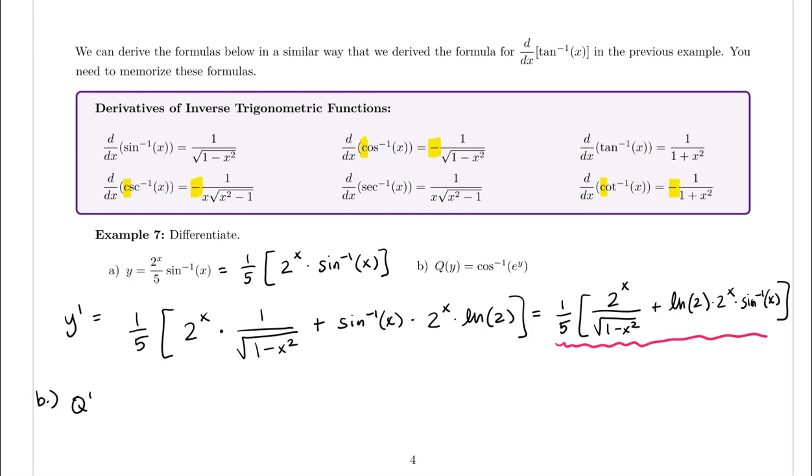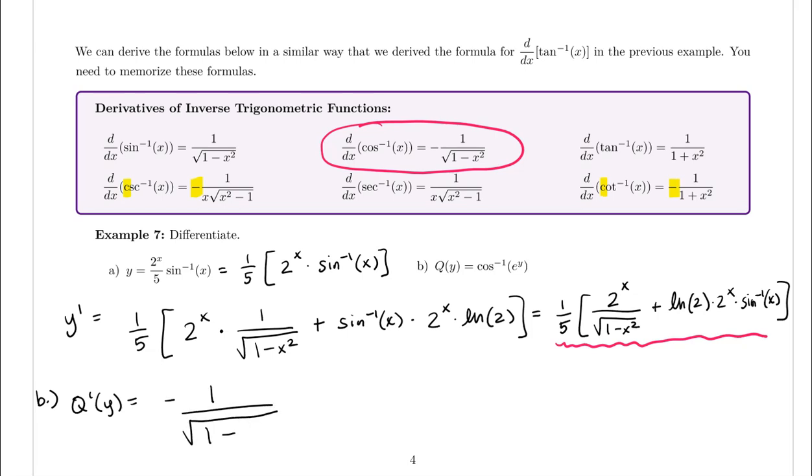We are trying to find q prime of y, and again, we're taking the derivative of cosine inverse, and cosine starts with a c, so that means that its derivative will involve a negative sign in the front. So I have negative 1 over the square root of 1 minus whatever the inner function is, squared.